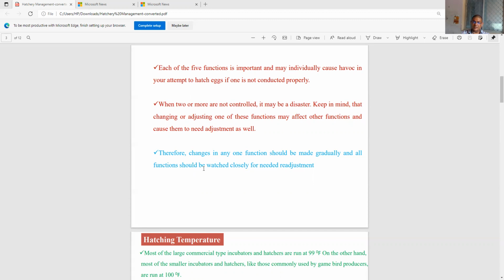Keep in mind that changing or adjusting one of these functions may affect other functions and cause them to need adjustment as well. Therefore, changing any one function should be made gradually, and all functions should be watched closely for needed adjustment.